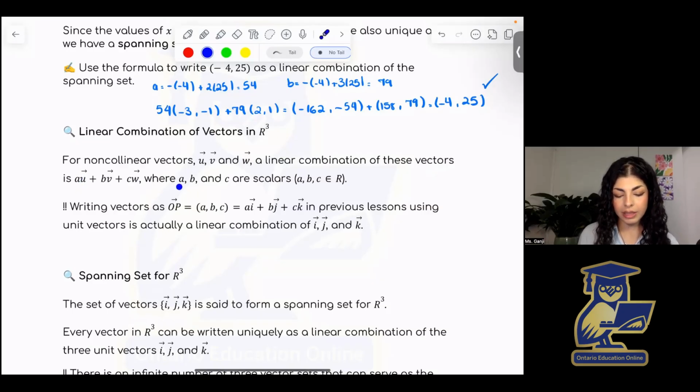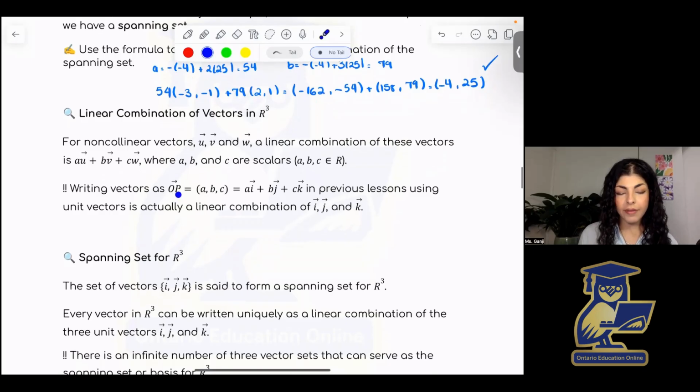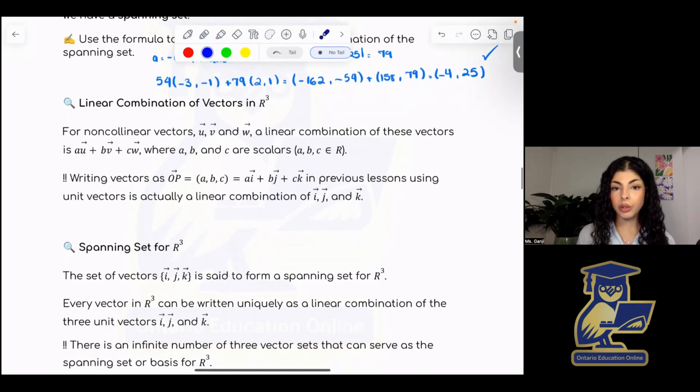So here we have the scalars a, b, c, which are any real number, and you add them up, then you have a linear combination. And in our previous lesson where we had vector OP, and it was given by component form (a, b, c), and we wrote this as ai plus bj plus ck, this was actually a linear combination of the unit vectors i, j, and k.